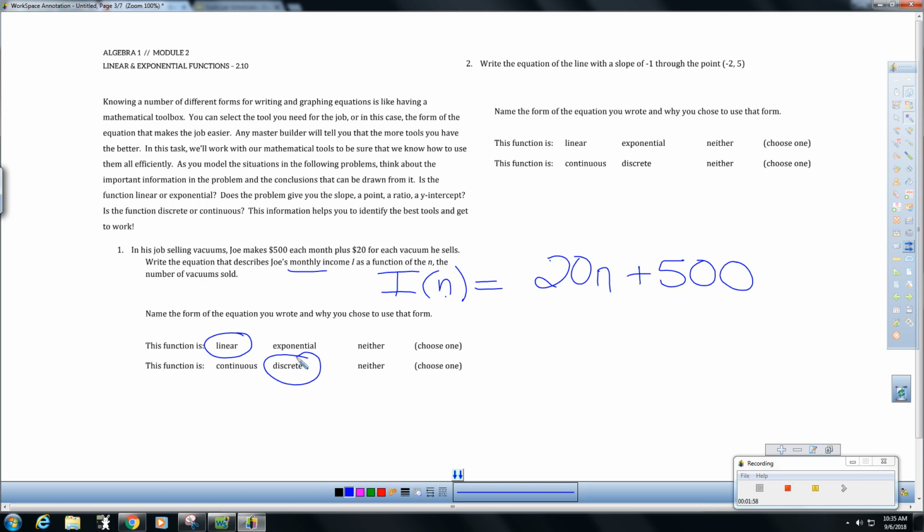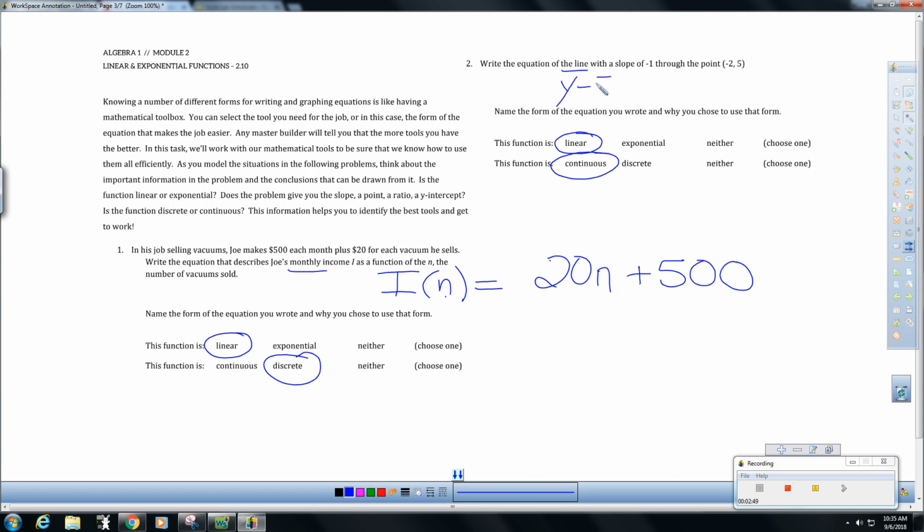Okay? Write the equation of a line with a slope of -1 through the point. Okay, so it's a line, so we know that it's linear. And I think it's continuous because lines have infinitely many points to them. Okay? So what's the equation? Well, I'm going to write it like this.